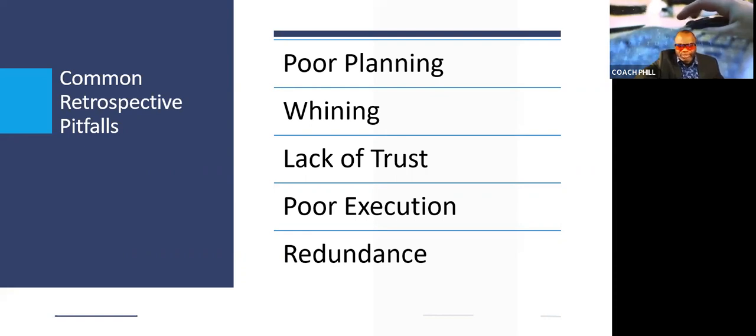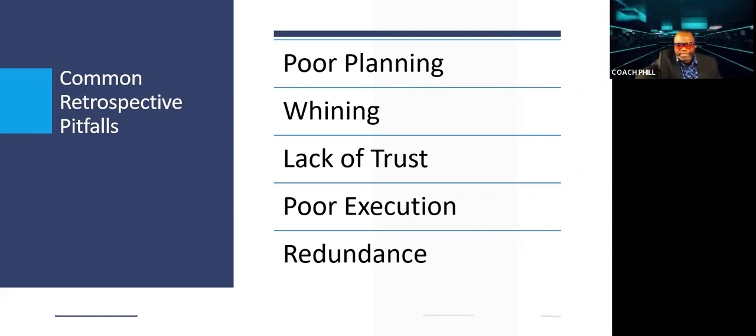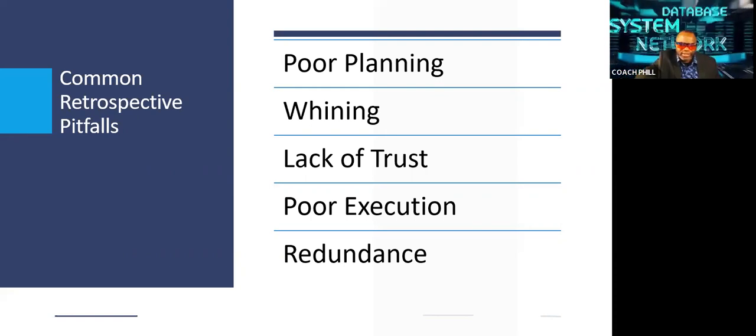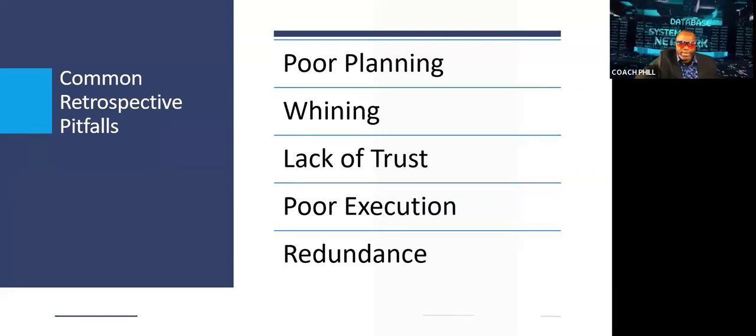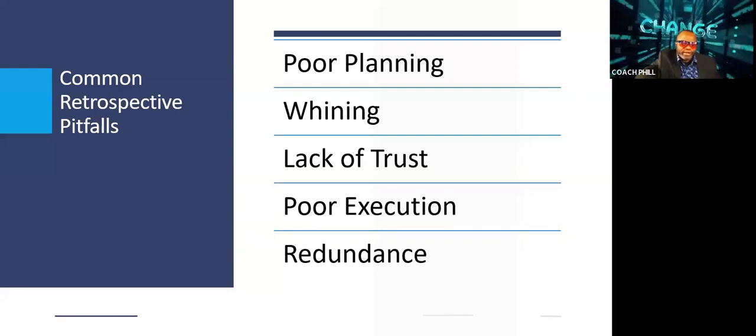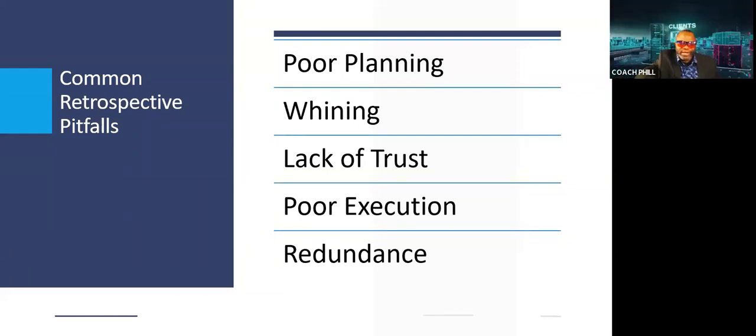Poor execution. Being an all-hands meeting, a retrospective comes at a significant cost, and that cost is in man-hours. So if the retrospective is not well executed, you're going to have instances where people begin to tune out and feel, what a waste of time.